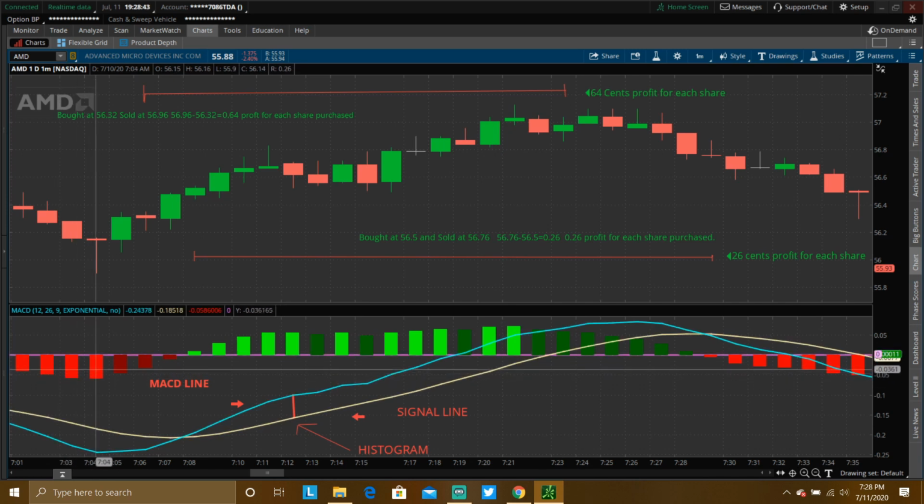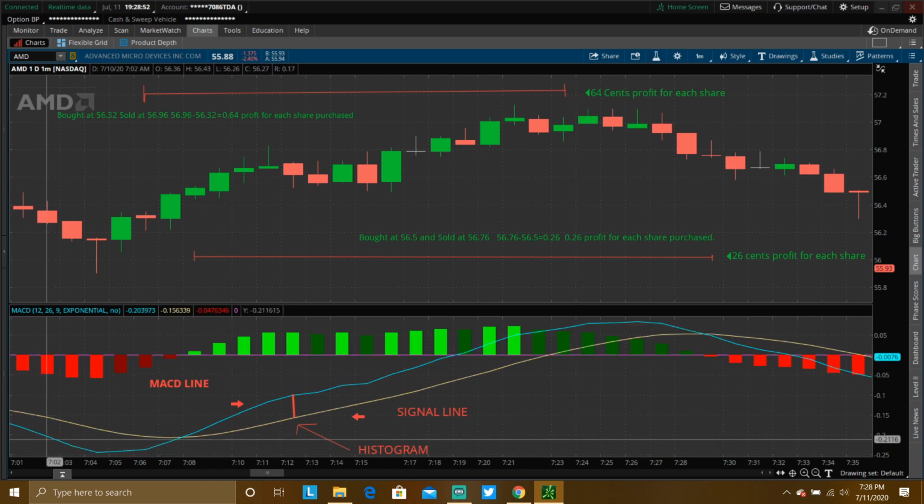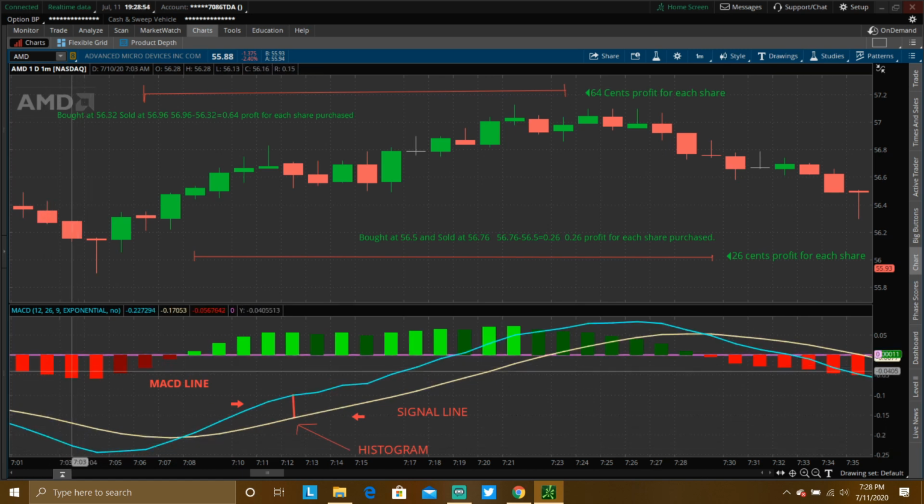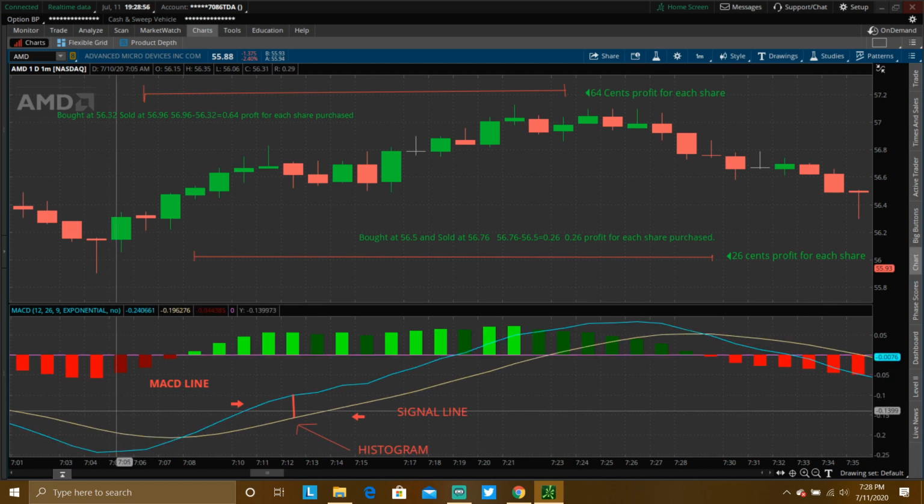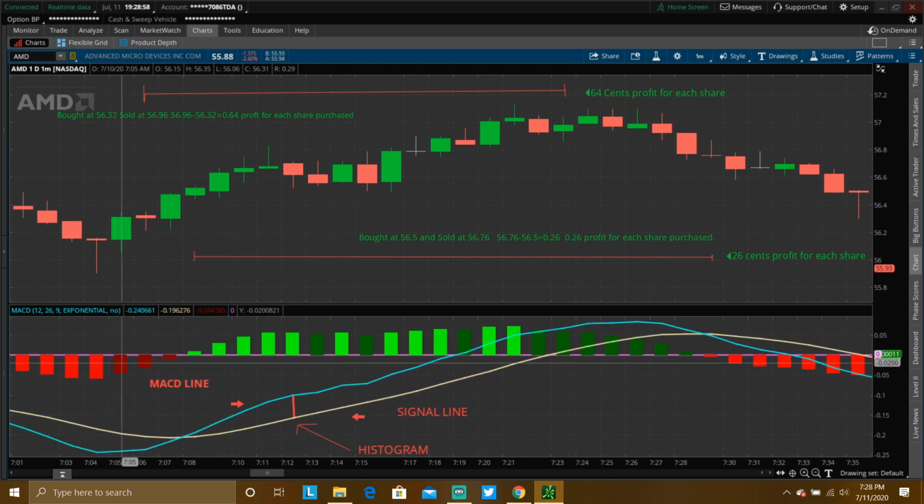There's bright red, dark red, bright green, and dark green. What bright red means is the MACD line is gaining momentum in the downwards direction, while the dark red is showing that the MACD line is losing that momentum.